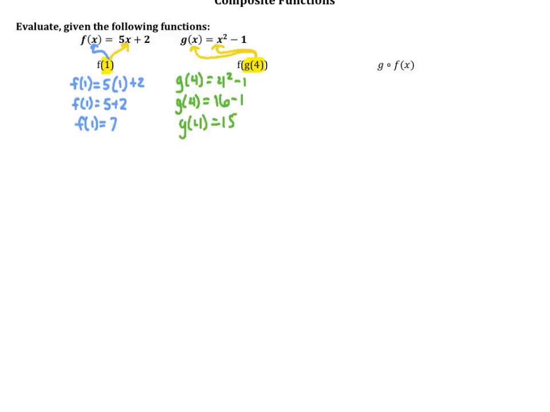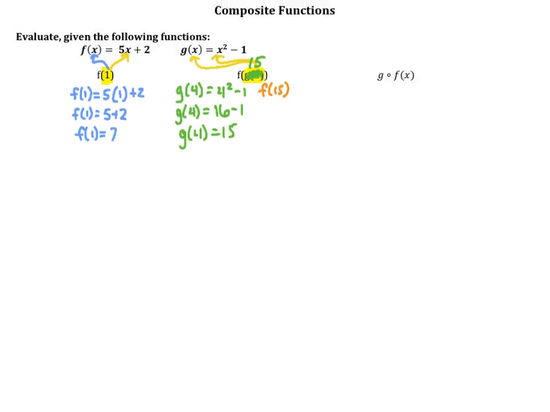So now I'm going to substitute. G of 4 is 15, so I'm going to cross out that g of 4, and I'm going to put 15. So now I have f of 15. And I'm going to plug that 15 in everywhere you see an x.